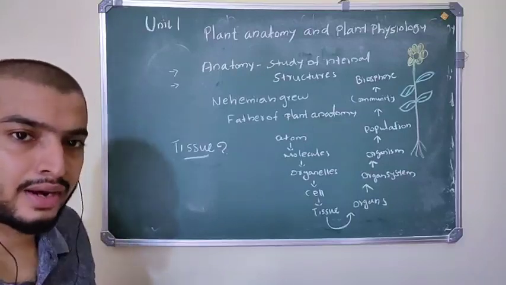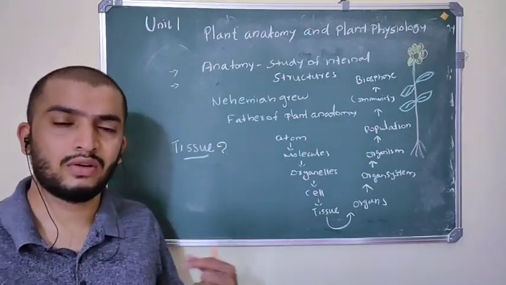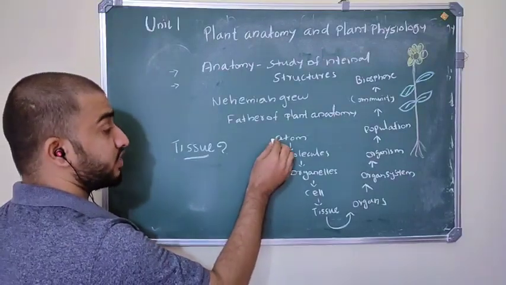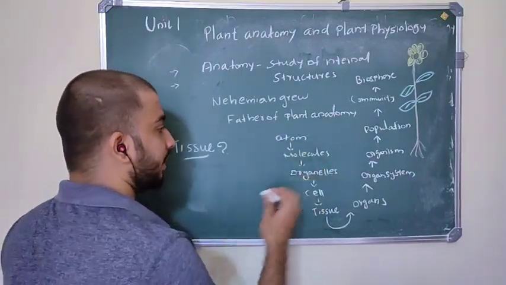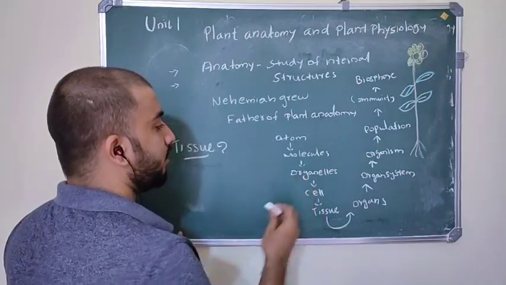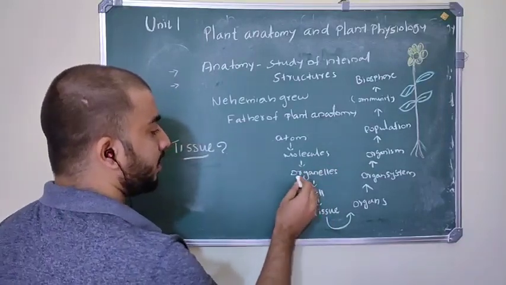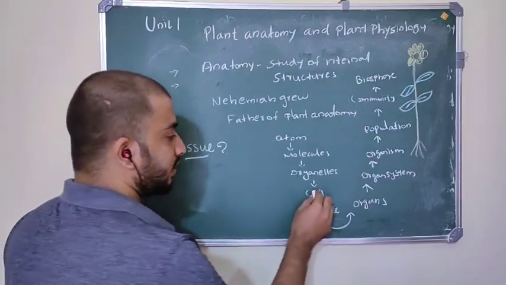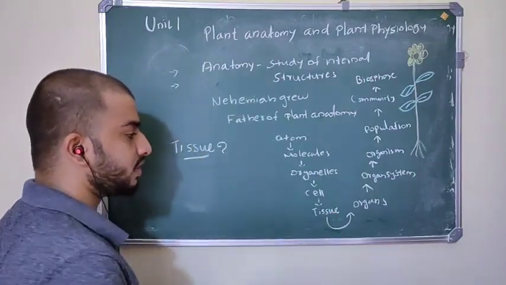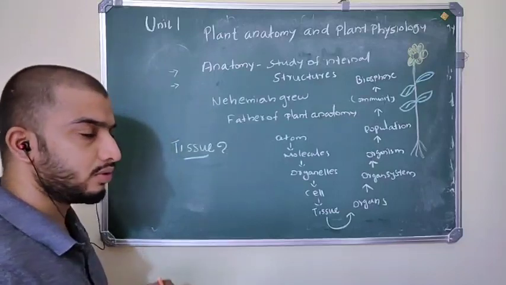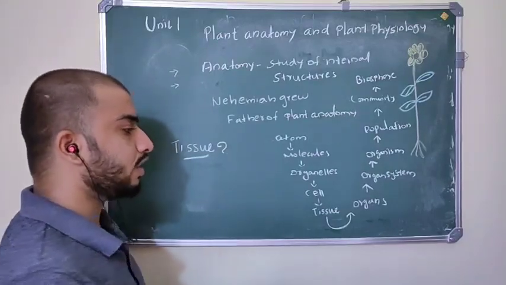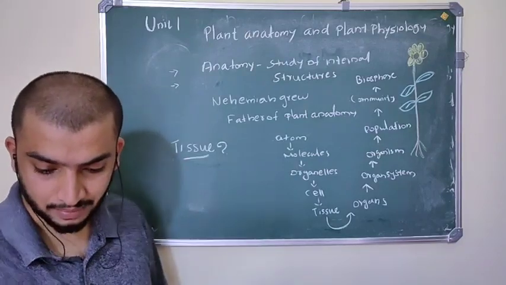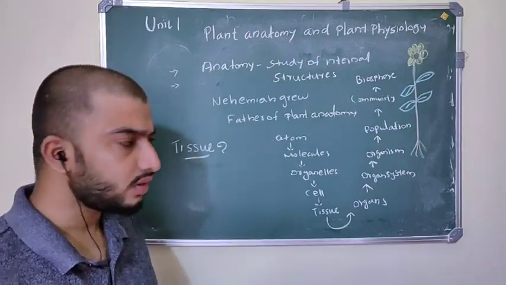If we take plant, animal, human, microorganism, bacteria, whatever it is, the level of organization starts from atoms. Atoms combine to form molecules, and molecules combine to form organelles like mitochondria found in the cell. Organelles combine to form a cell, cells combine to form tissue, tissues combine to form organs, and organs combine to form an organ system.